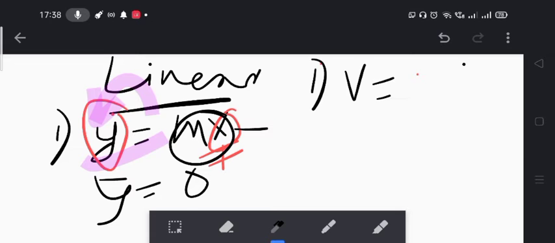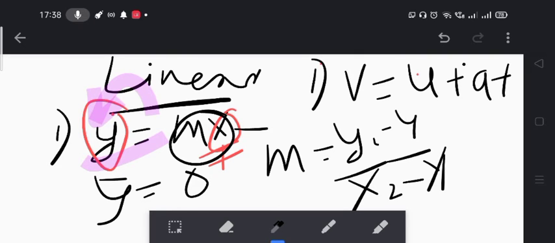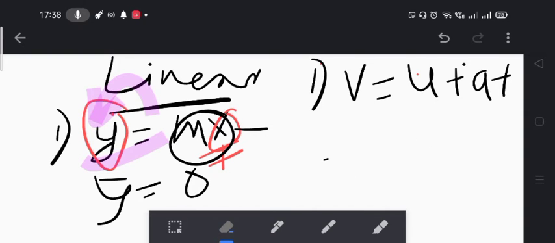Okay, let's see another case in which we have the equation of motion in practical. The first equation of motion, v is equal to u plus at, where v and u are velocities, and you have to find it with the help of the linear equation, and we will draw the graph related to it. So you know that the slope, this m in y is equal to mx, is represented by y by x.